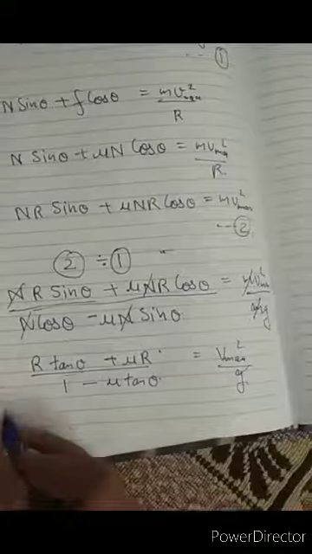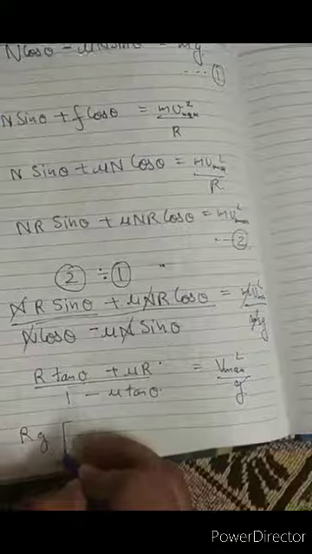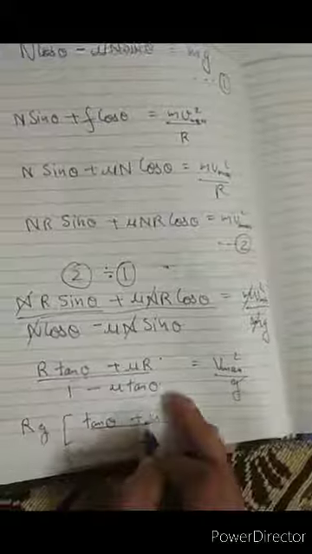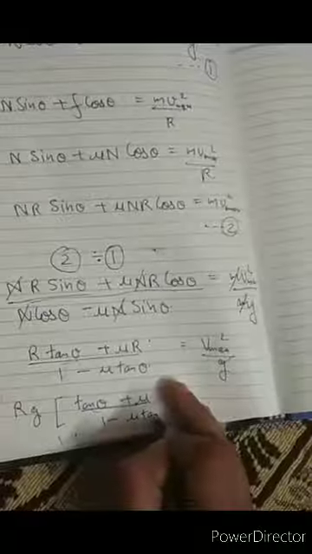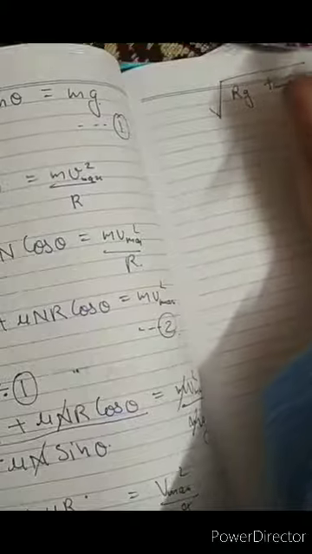Now you can take r common and multiply by g. So we are left with r g times tan theta plus mu divided by 1 minus mu tan theta, which is equal to v max square, or v max is the square root of r g times tan theta plus mu over 1 minus mu tan theta.